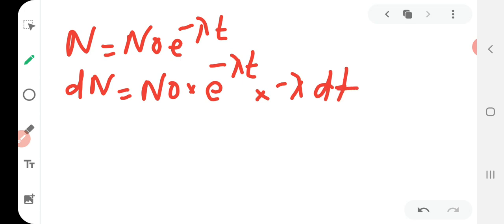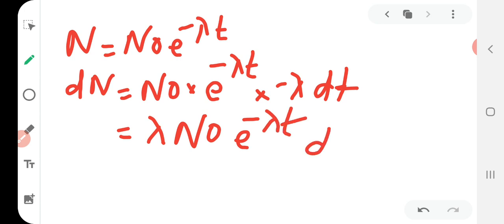This minus sign we will not be taking, it just shows that the number of atoms is decreasing with time. So we can write it as lambda N0 e raised to minus lambda t dt. And we are finding the expression for mean life, so it will not be negative also.